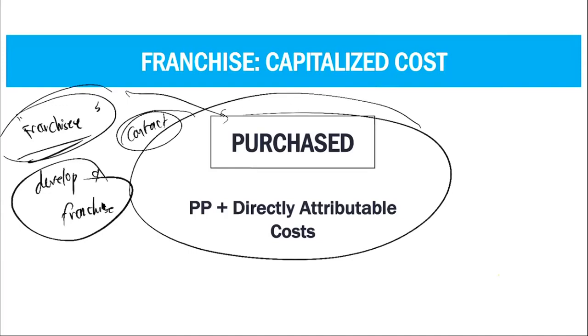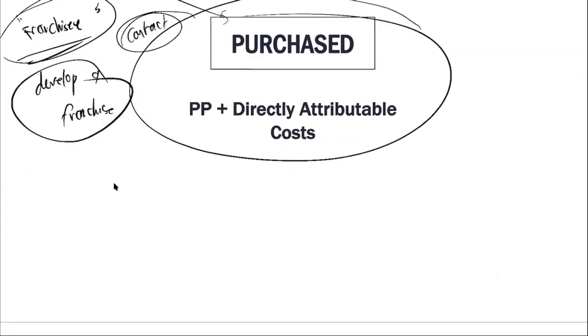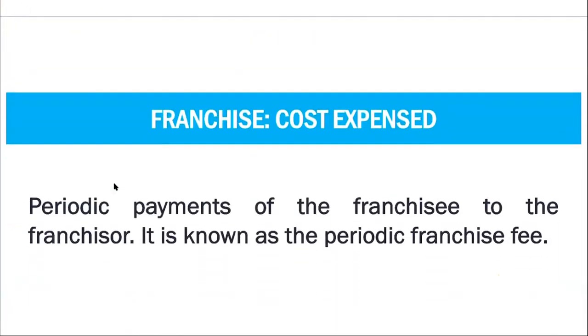So, how do we account for it? Purchase price plus directly attributable cost is still the same. How about the subsequent measurement? For subsequent measurement, take note, we will talk about your subsequent expenditures and your amortization.